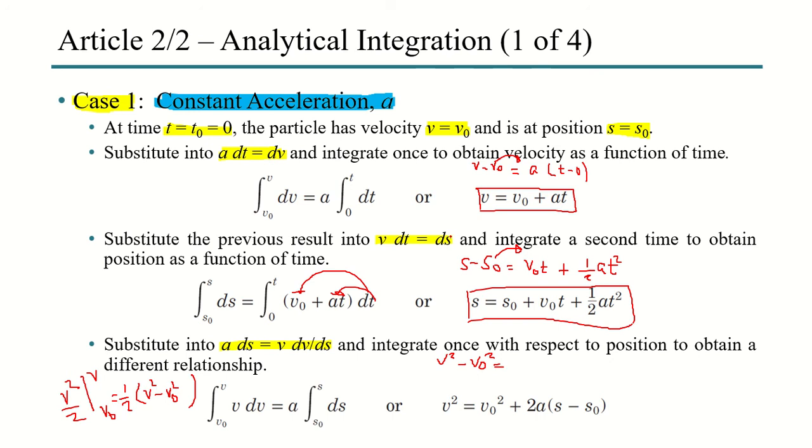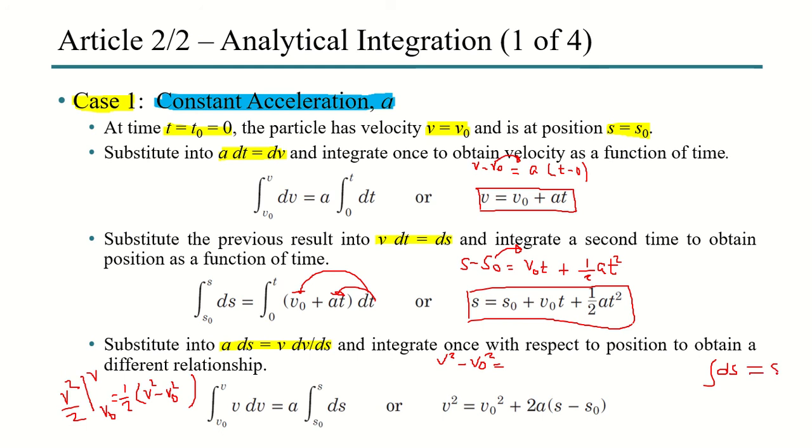So from the substituted result here, we are going to substitute it here. On the left side, this is what we have done. And the right side, after you integrate this one, a, this will be a times s, because the integral of ds is equal to s.